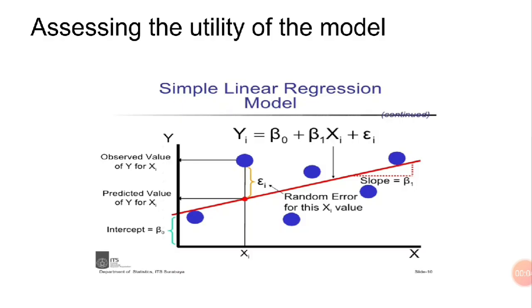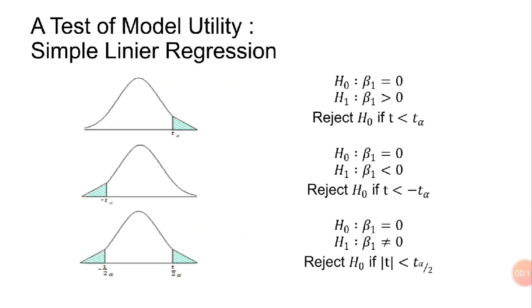Next, assessing the utility of the model. The table below is a simple linear regression model. A test of model utility: if the null hypothesis is b1 equal to 0 and the alternative hypothesis is b1 more than 0, it means it is one-sided on the right.